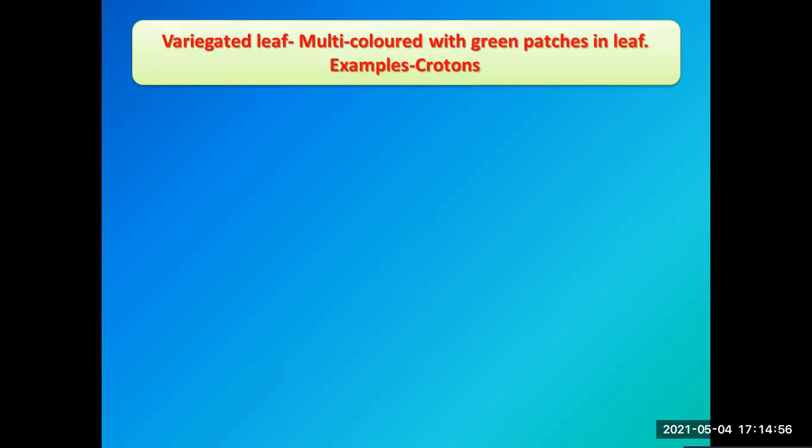The concentration of a different color will decide whether the chloroplast present in the leaf will be visible or not. So deep red color will mask, will cover up the color of the chloroplast. So it might be variegated.